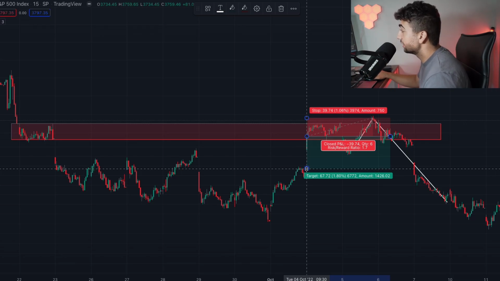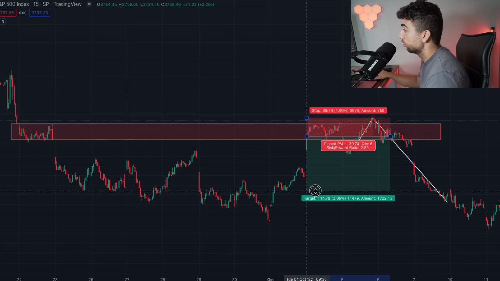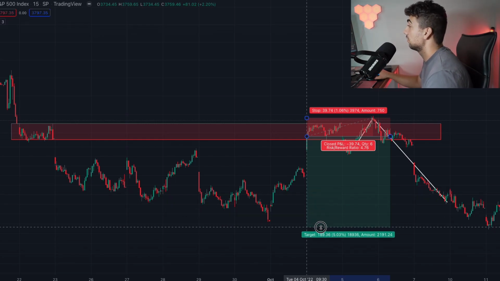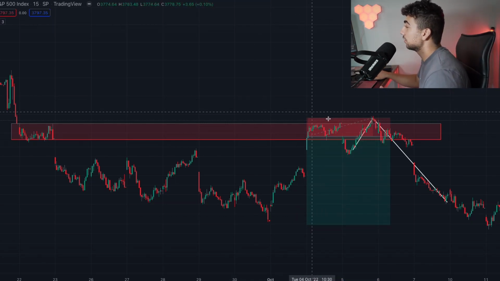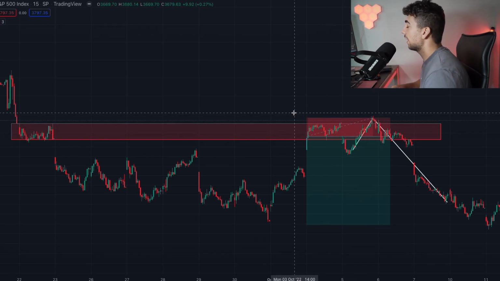So that's about a ratio of 1.7, but eventually this could have gone all the way down to another support area, which is this area right here, about 3%, which would have been a risk reward of 1 to 2.89, and eventually could have given you much lower, which would have been an amazing risk reward of 4.73 or so. So this is how you define your risk, it defines your rewards, and defines where your stop losses are going to be. And it's a very, very powerful tool to have.